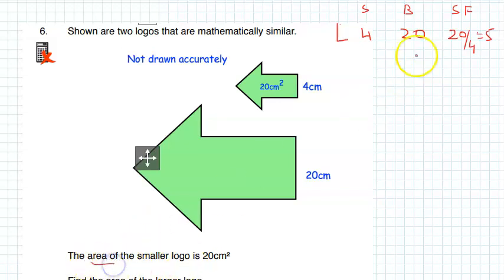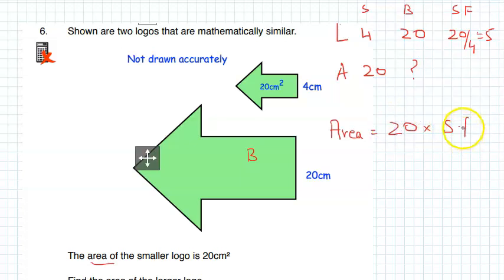Now it's talking about the area. So the area of the smaller logo is 20. We have to find the area of the bigger logo. So the area of figure B, the bigger logo, is the area of the smaller one, 20, multiplied by the scaling factor, and we have to do the square of it.